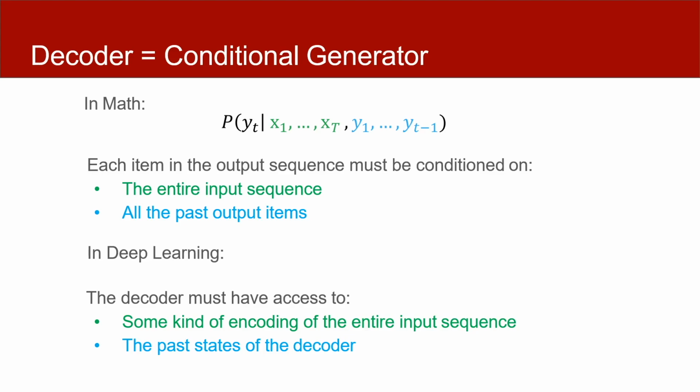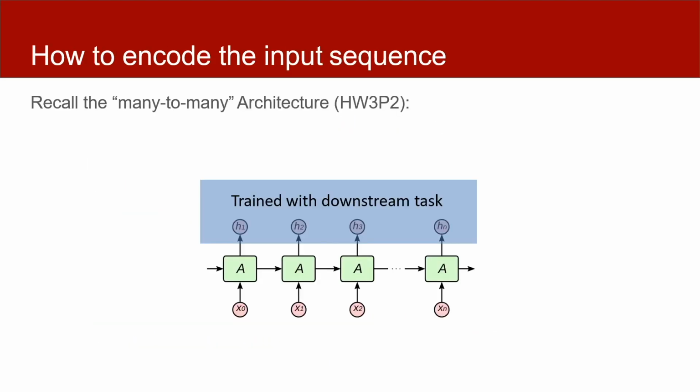The decoder is an RNN, so it has access to all the past states. We now only need to focus on how to pass the encoding to the decoder. Here is the architecture that we use for homework 3 part 2. We're generating one hidden state at each time step, and we are using these hidden states for some downstream tasks.